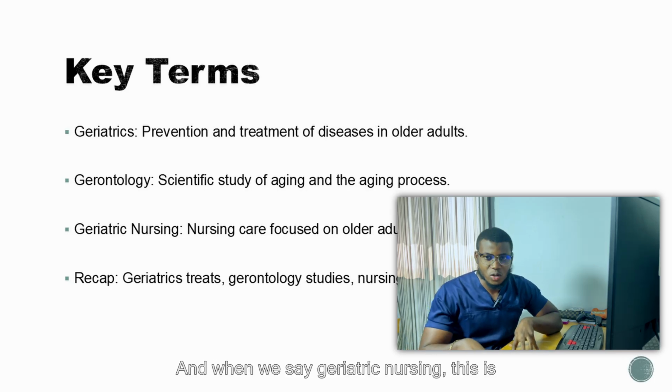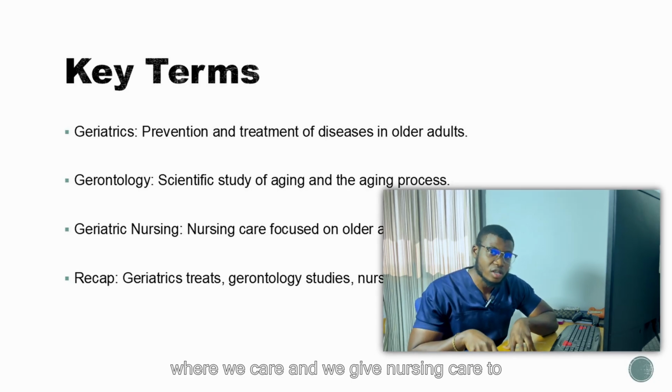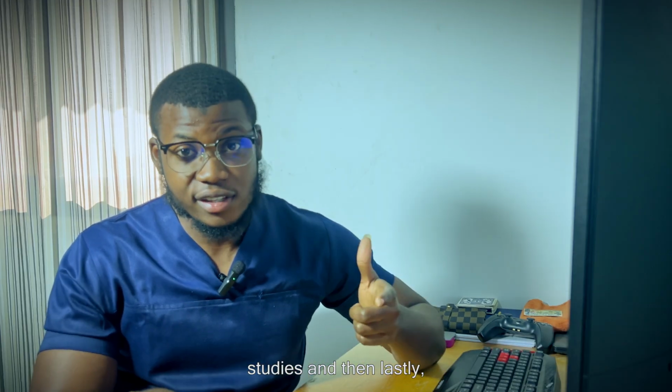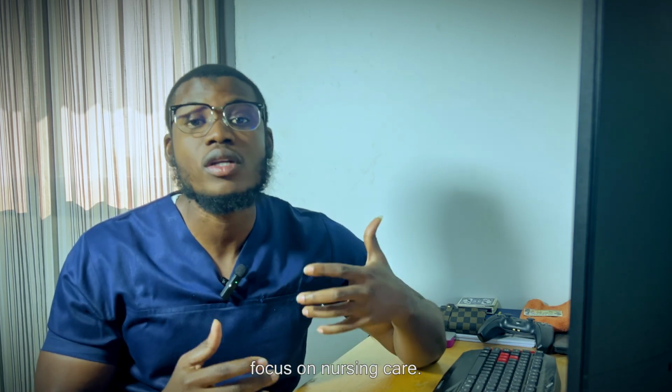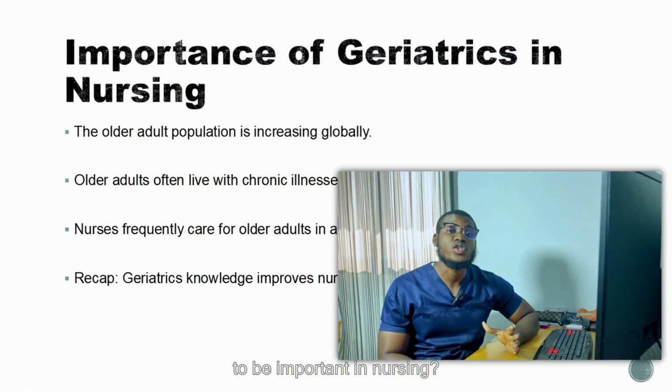And geriatric nursing is where we give nursing care to the older individuals. For recap, geriatrics focuses on treatments, gerontology focuses on studies, and gerontological nursing or geriatric nursing focuses on nursing care.